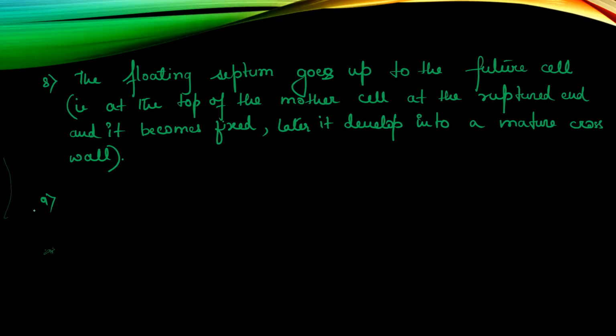Now see, a new side wall develops between the cuticle and the plasma lemma of the upper cell. Thus, the two cells are formed. Okay. So at the end, what happens now?